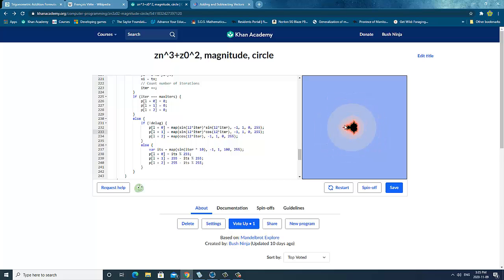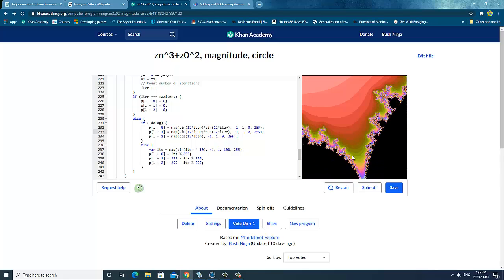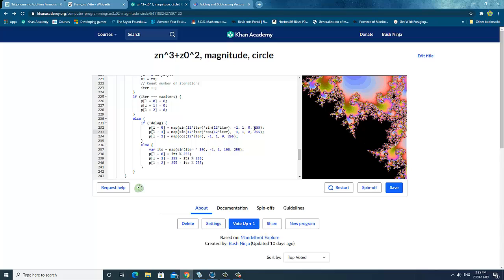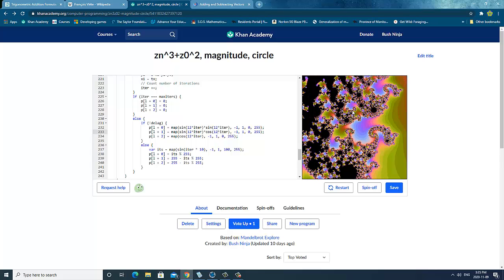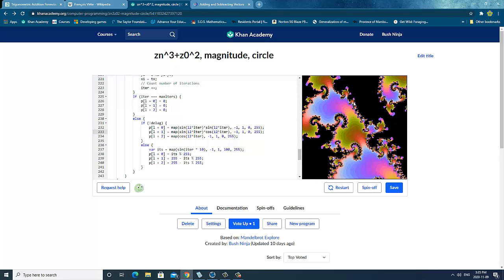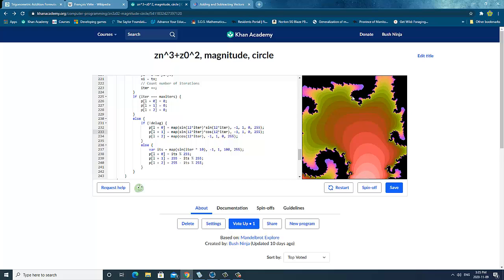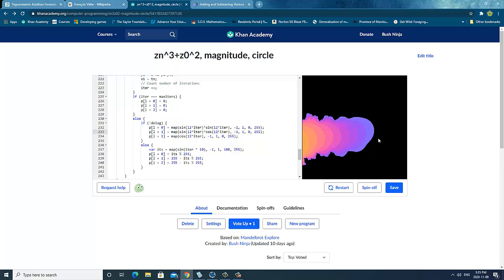So I'm right clicking to zoom out. So there's a wave function happening here, and it's pretty interesting. And when it gets to the end, it just kind of rounds off.